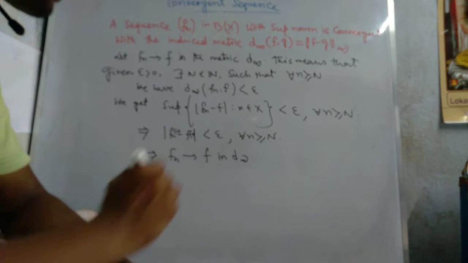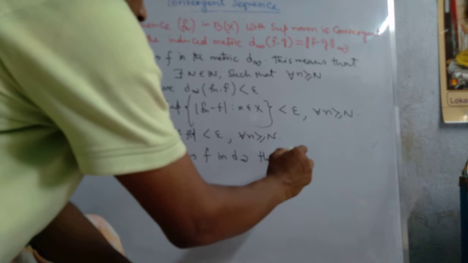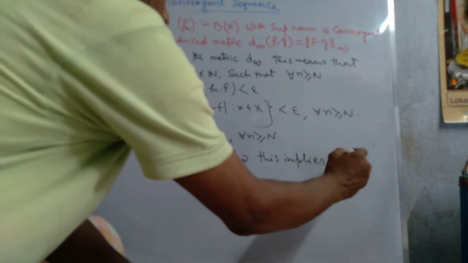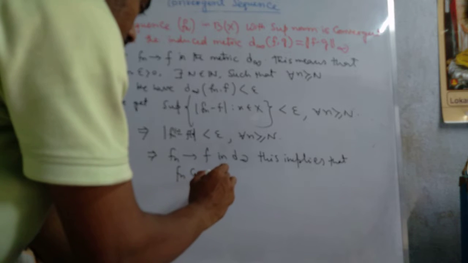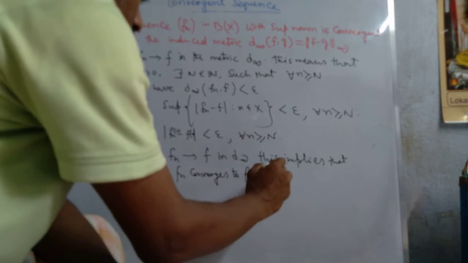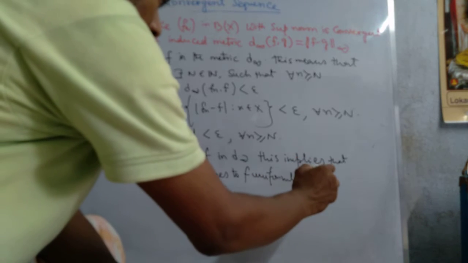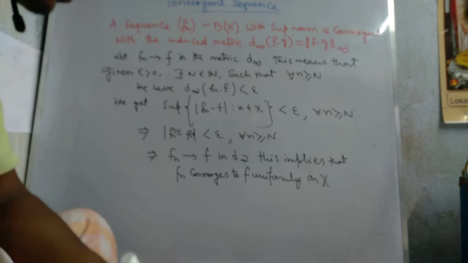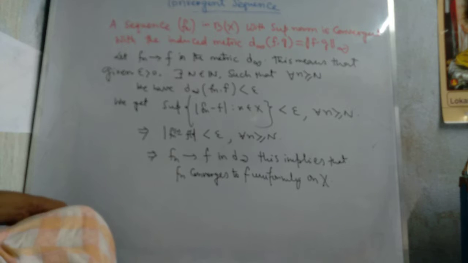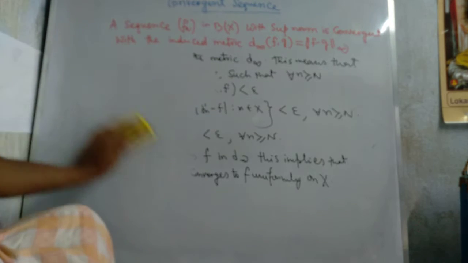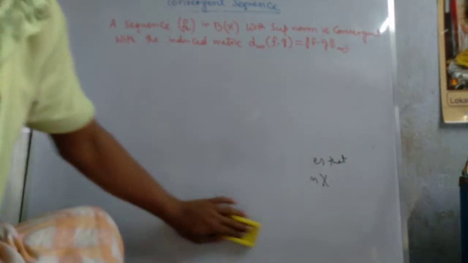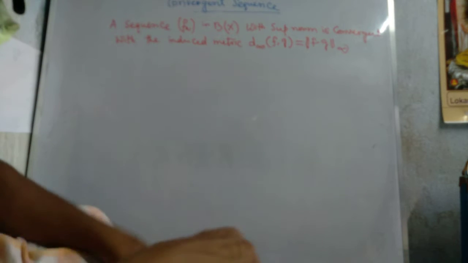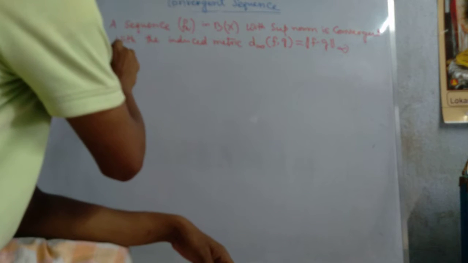This implies that fn converges uniformly to f on X. Okay, now we go to the converse of this problem. The converse is also true.